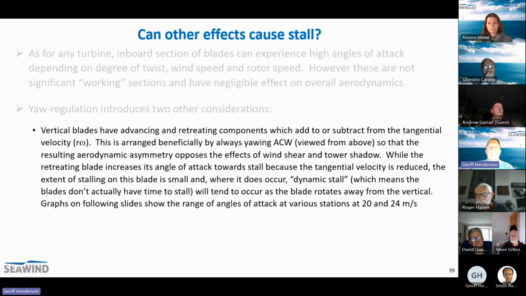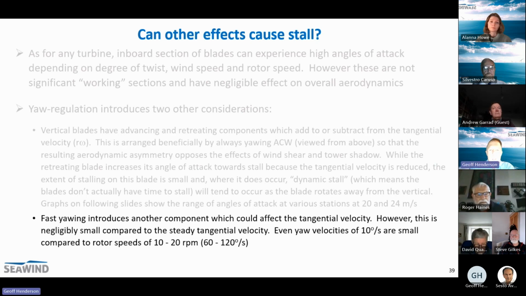And this is arranged beneficially by always yawing the Seawind design anti-clockwise, viewed from above. So the resulting aerodynamic asymmetry opposes the effects of wind shear and tower shadow. I can show the resulting angles of attack on the following slides.